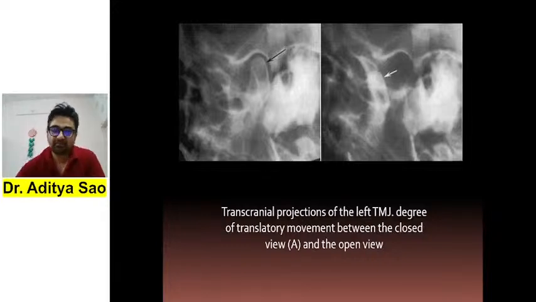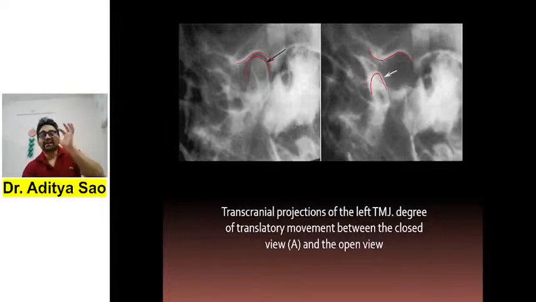The first one is the closed one. You can only see the head of the condyle. This is the glenoid fossa. This one is the open one, in which you can see the articular eminence and glenoid fossa, and this is the head of the condyle. Clear? So this is a transcranial view in which you can see the interarticular space clearly.